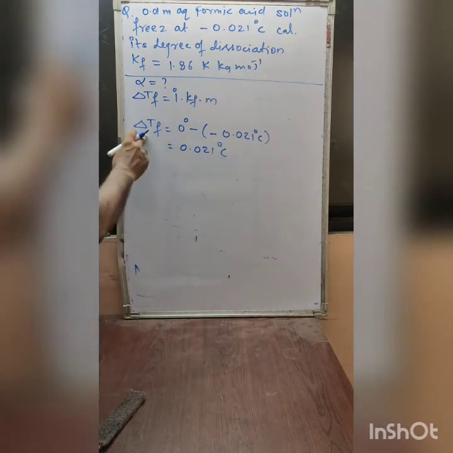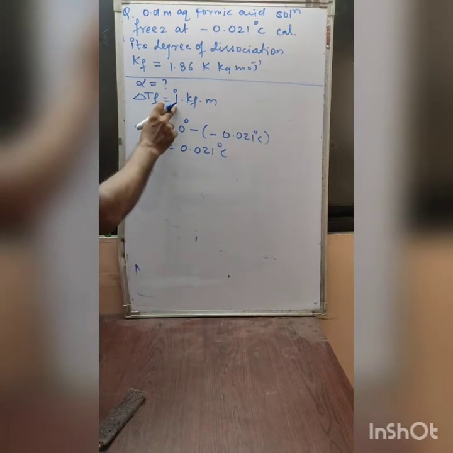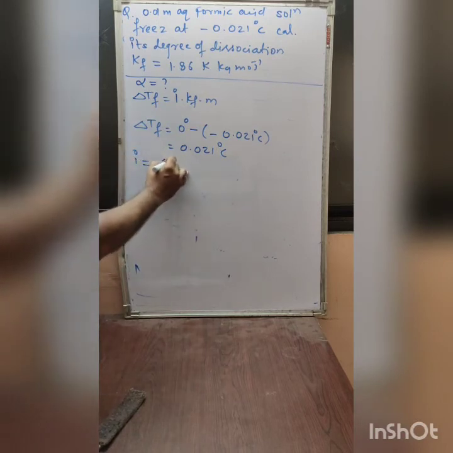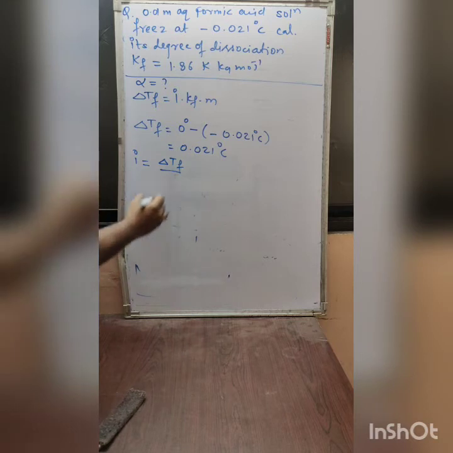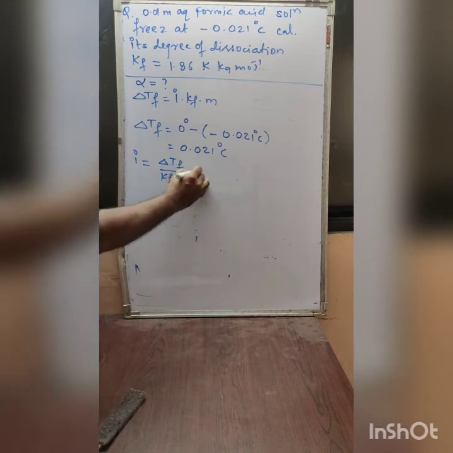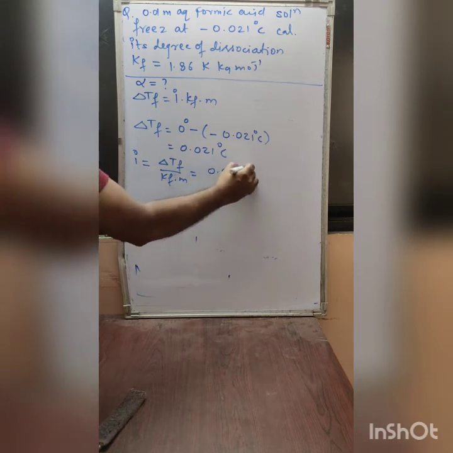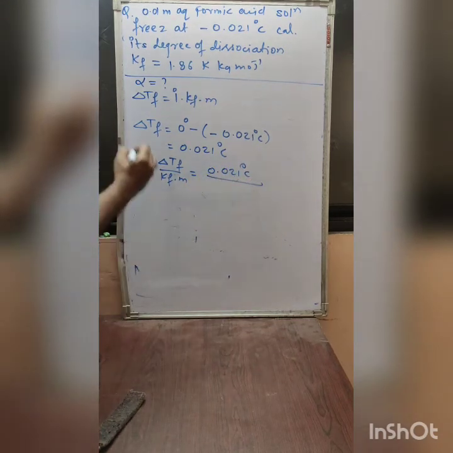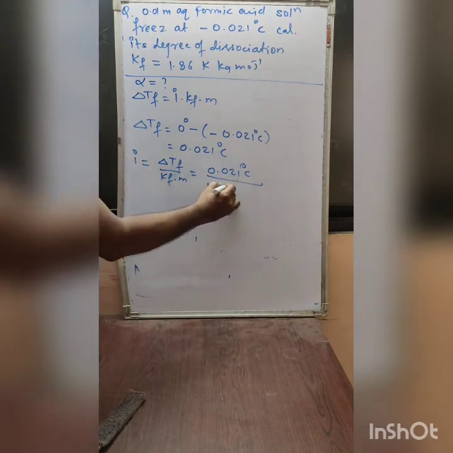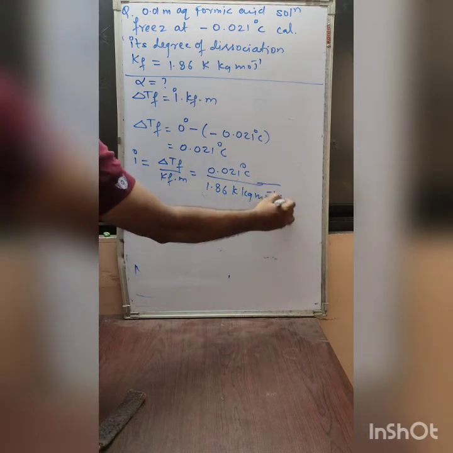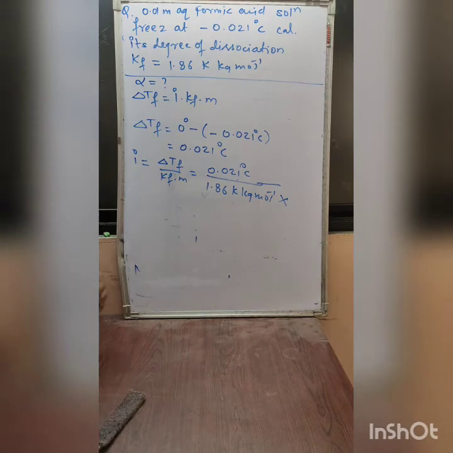Now we have to find I. I is equal to delta TF upon Kf into m. Substituting the values, 0.021 degree Celsius upon Kf, 1.86 Kelvin kilogram per mole, into m.